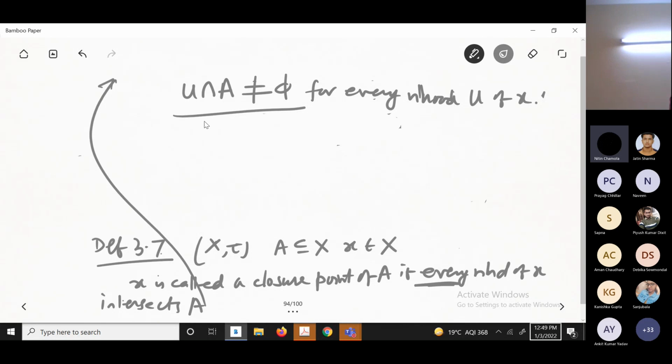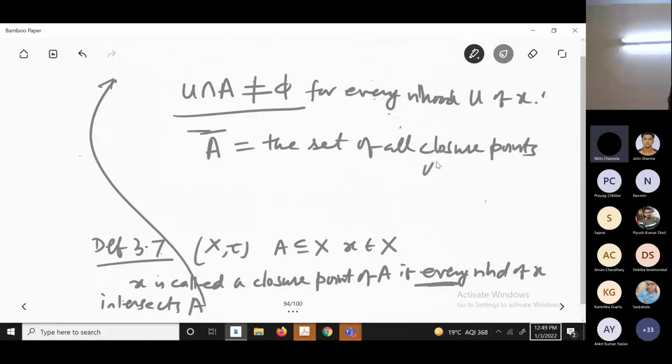And A bar is the set of all closure points of A. Some people write it as closure of A. If you want to specify the space, sometimes you write this.